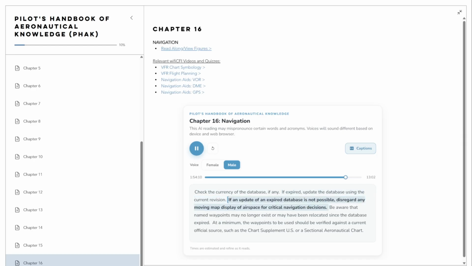If an update of an expired database is not possible, disregard any moving map display of airspace for critical navigation decisions. Be aware that named waypoints may no longer exist or may have been relocated since the database expired. At a minimum, the waypoints to be used should be verified against a current official source, such as the chart supplement US or a sectional aeronautical chart.